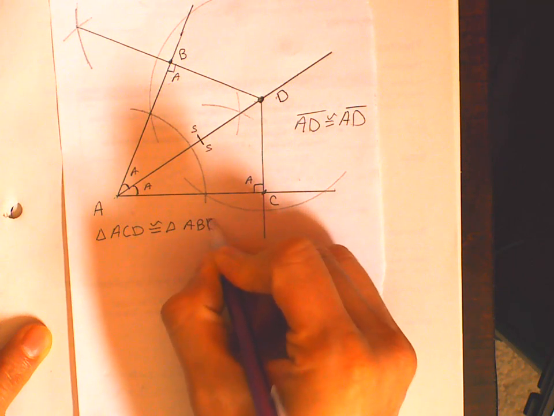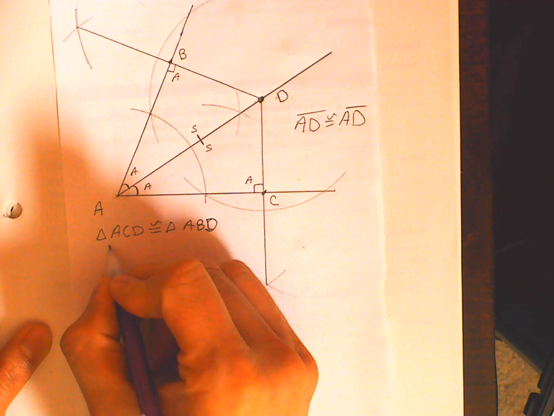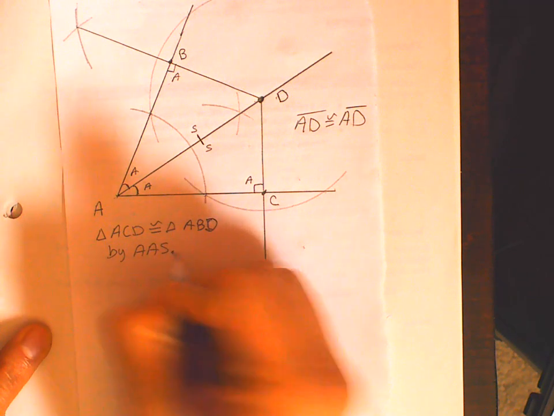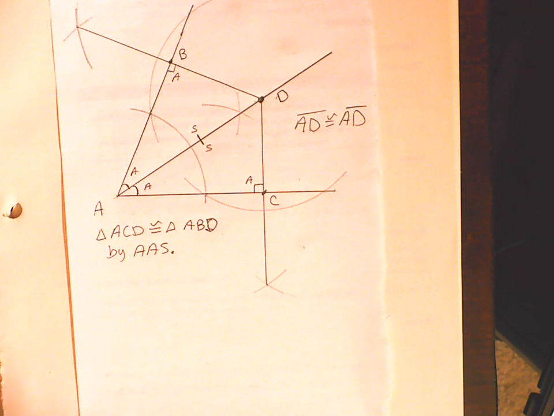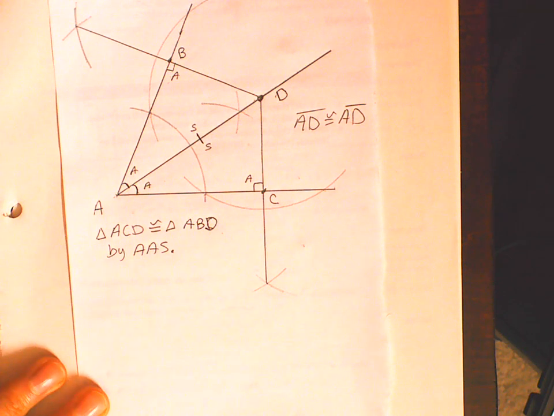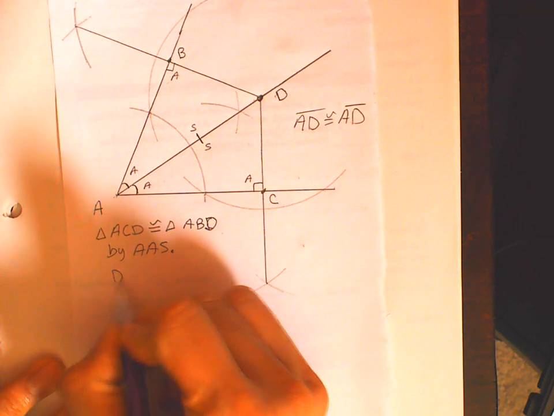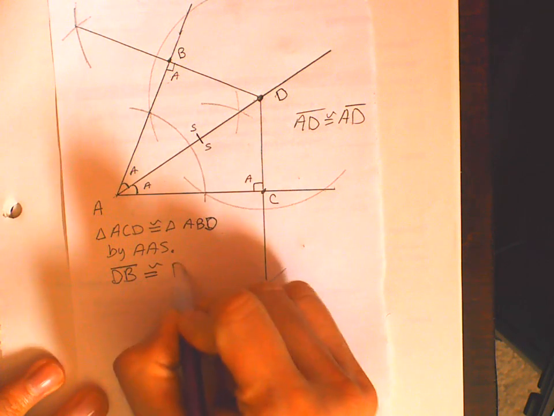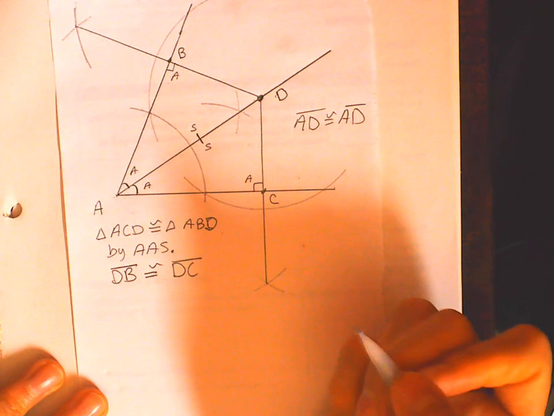They're going to be congruent. Why? Because of angle, angle, side. So what is that going to imply? By CPCTC, DB is going to be congruent to DC.